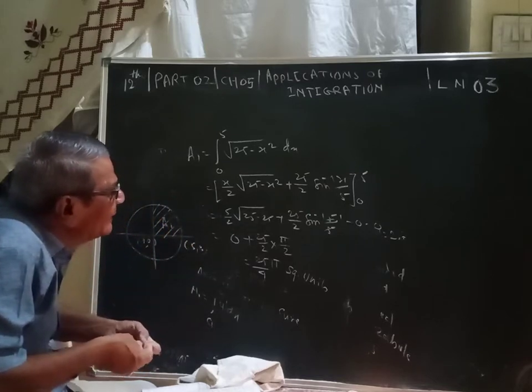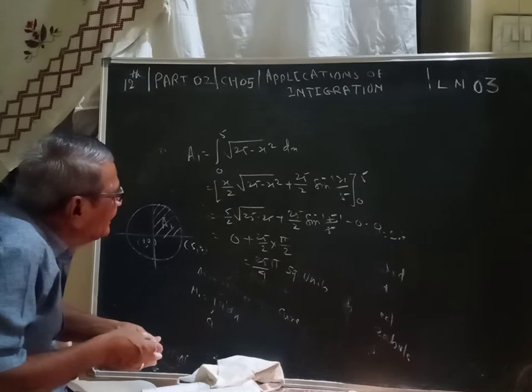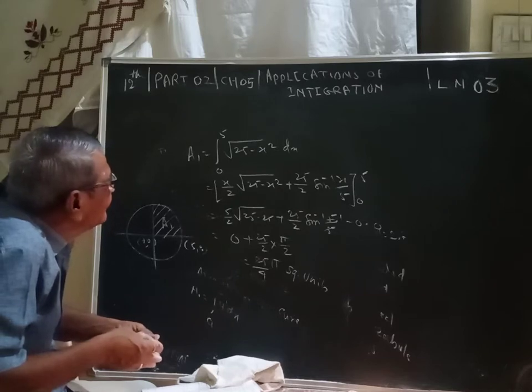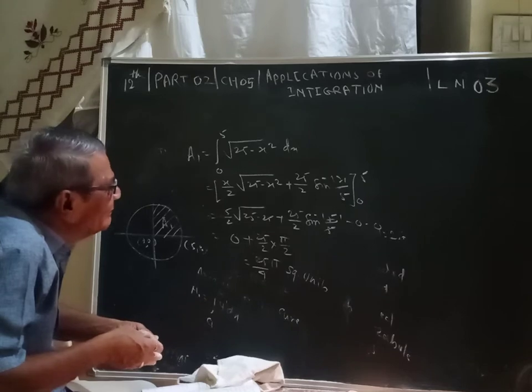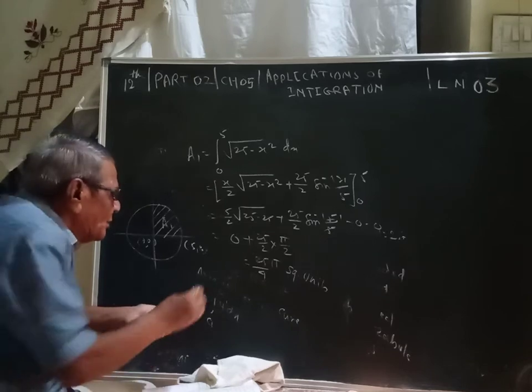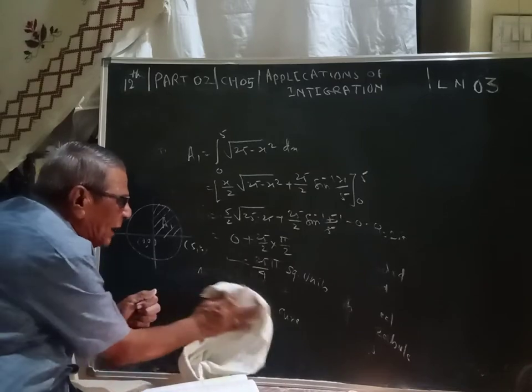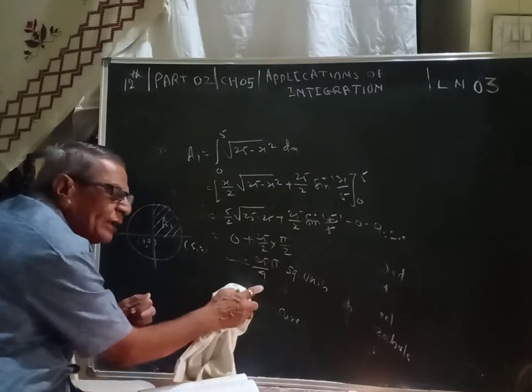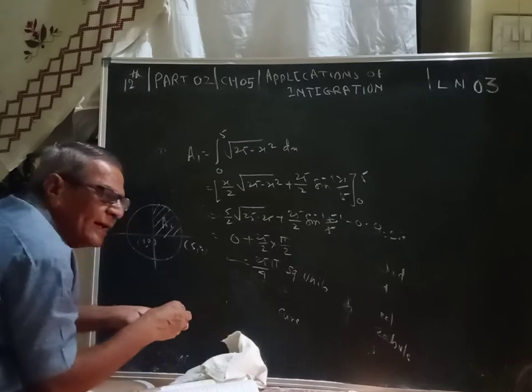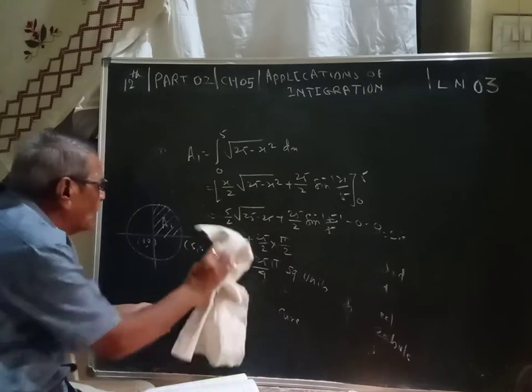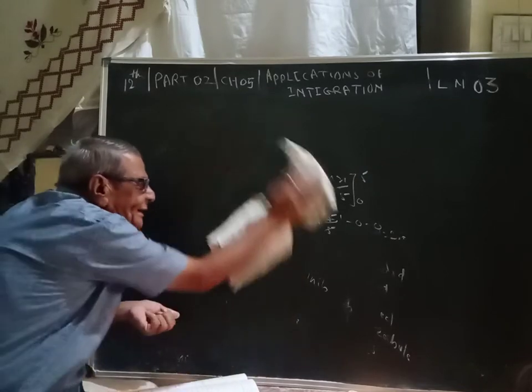How can we get it? I don't think so. 25 into sin inverse 1, pi by 4. So actually it has to be pi by 4. Anyway, I think there is a correction; 25 pi by 3 is given, but it cannot be 25 pi by 3. There is a correction, so what we will have to do? Make the correction and write the answer.